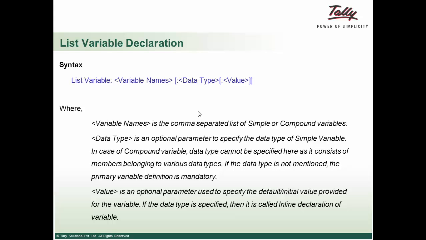You will have to provide an entire structure to the member variables. And optionally, in case it's a simple list variable, you can provide an initial or a default value where the customer or the user does not provide an input. If the definition is not specified, then this kind of variable is called an inline declaration of the variable.